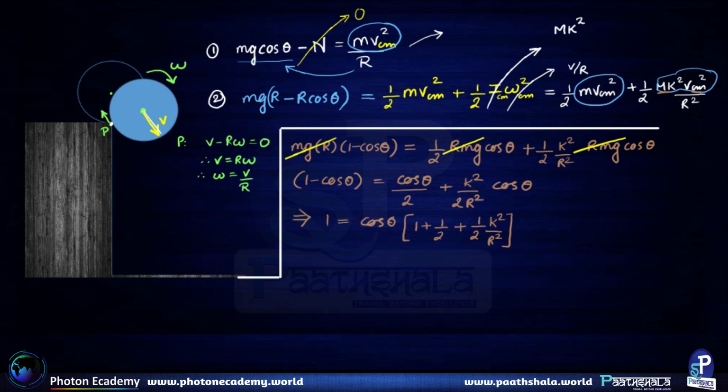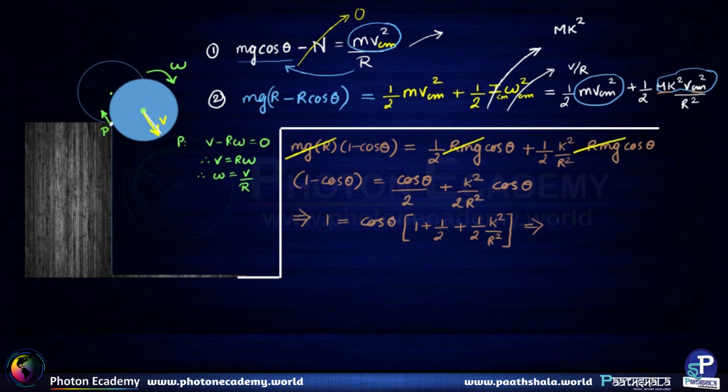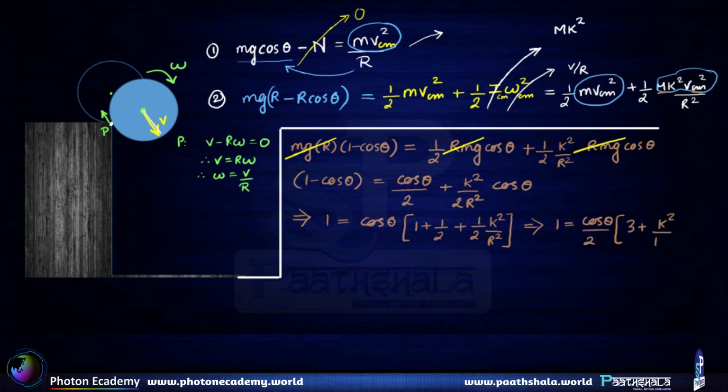Alright, which implies 1 is equal to cos theta by 2 into 3 plus k square upon r square.